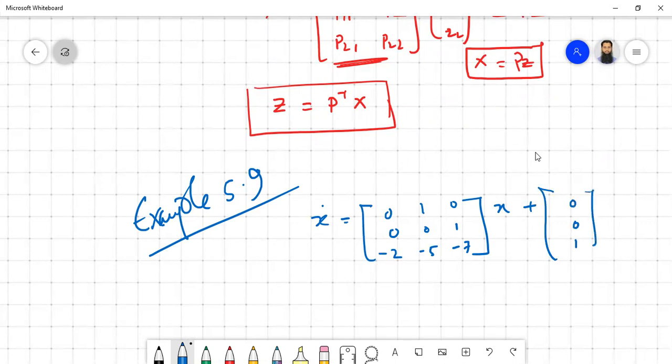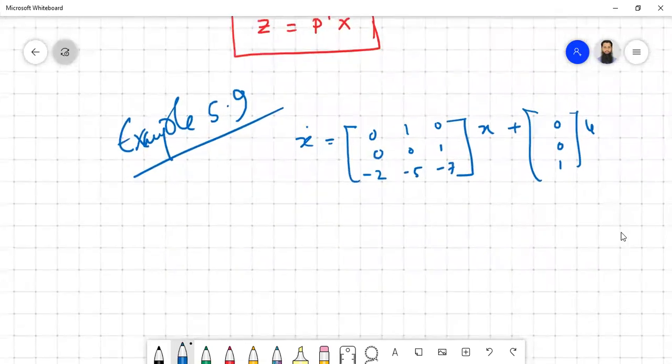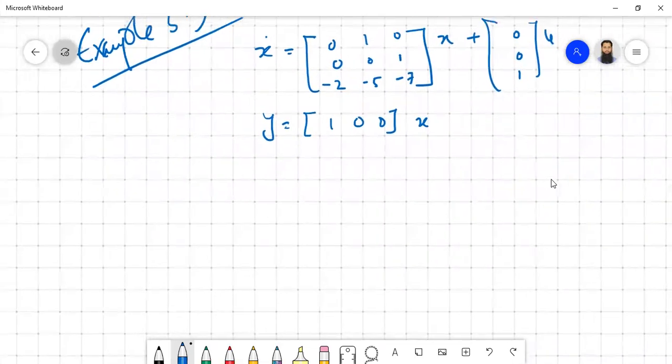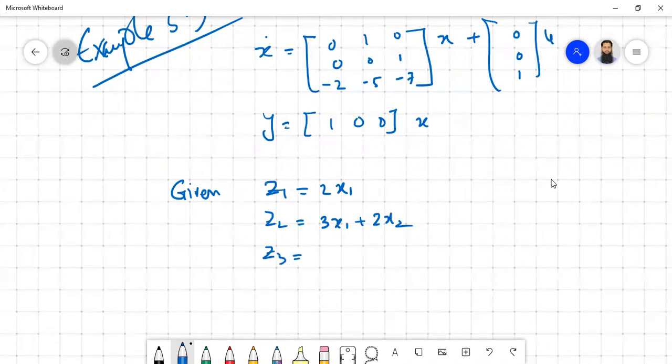And our output, since it is phase variable form, is 1, 0, 0. So we have to find the representation in terms of Z, where the relationships between X and Z are given. These are also given: Z1 equals 2x1, Z2 equals 3x1 plus 2x2, and Z3 equals x1 plus 4x2 plus 5x3.